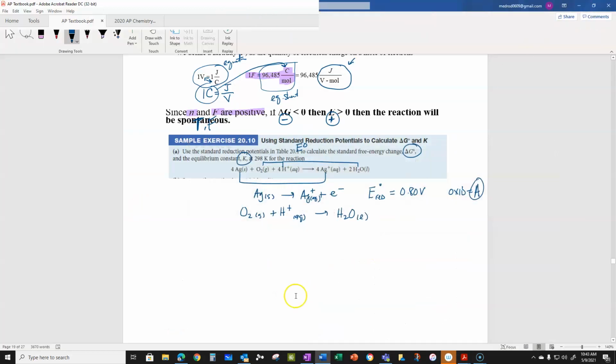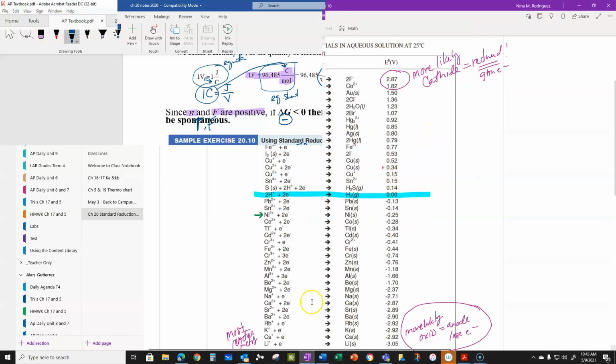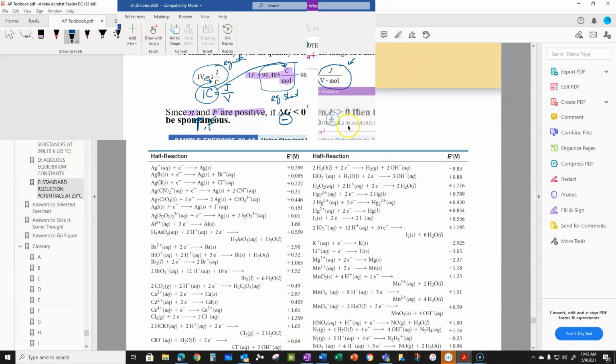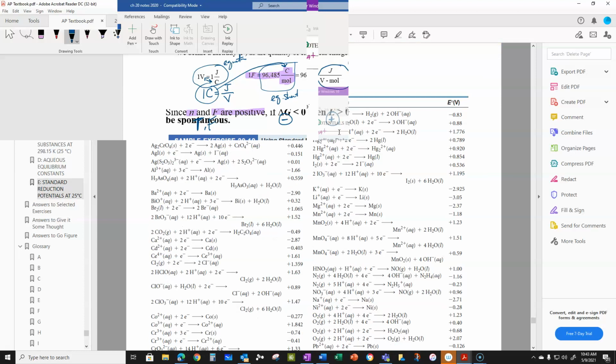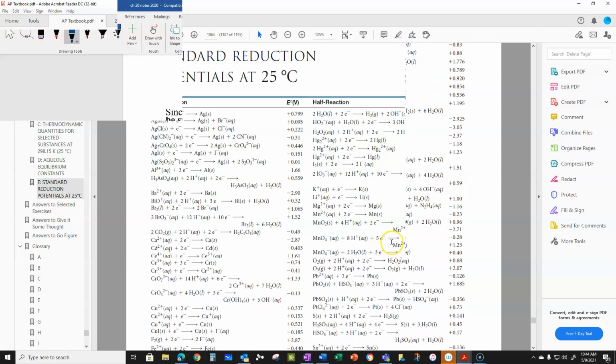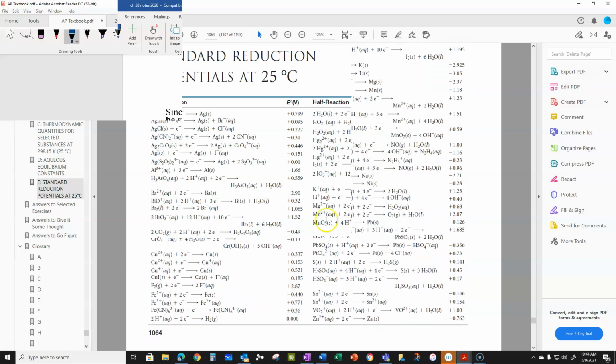So the one we're looking for has O2 gas with H ions, some electrons, and then water. I'm looking for O2, and I don't see any O2 or H2 up here because it's alphabetical, but I do see something over here.